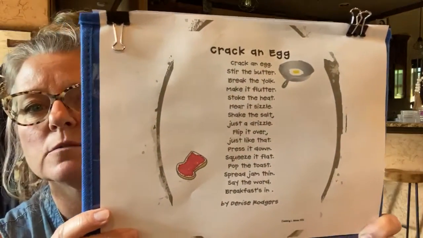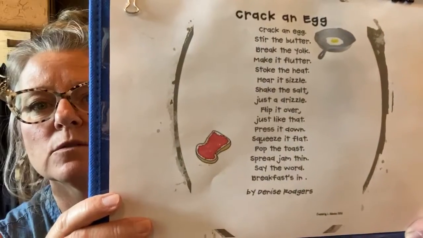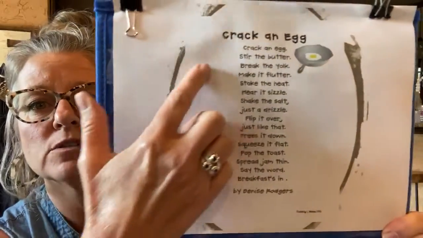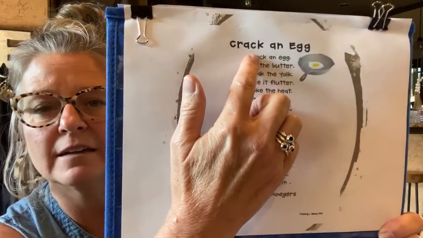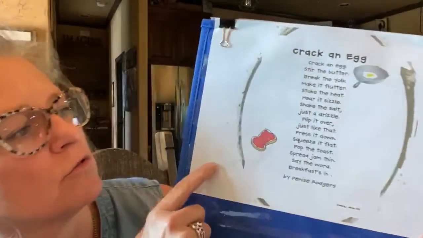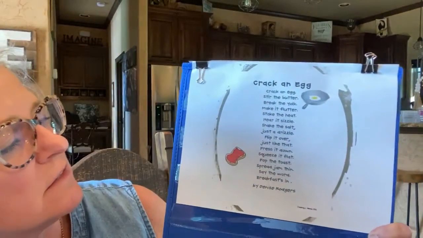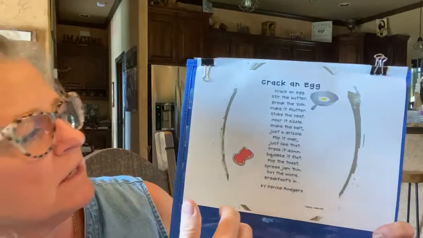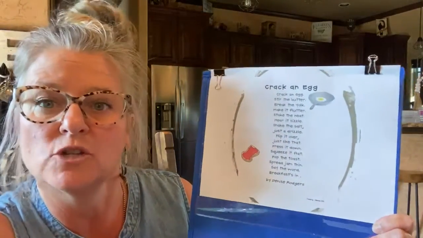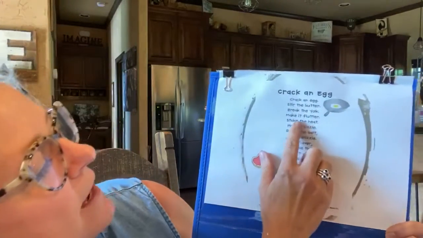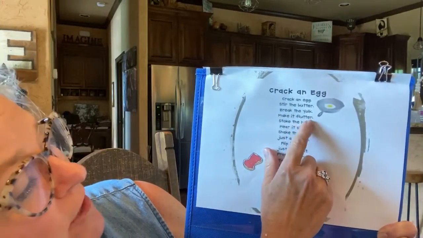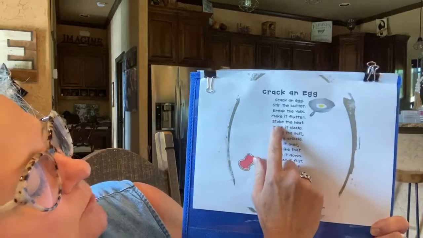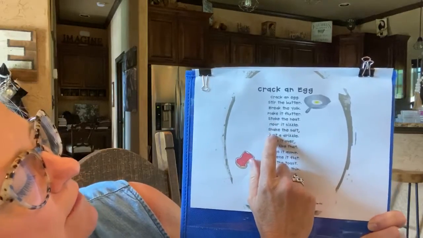I will say I tried to emphasize those a little bit. So we start right here in the title, crack, because that can sound like a crack, can't it? You can just hear that as it's happening. You can get more specific or picky and say even stir, because you're whirring around, could be one. Make it flutter. I think flutter almost sounds like one. Stoke. I love that.